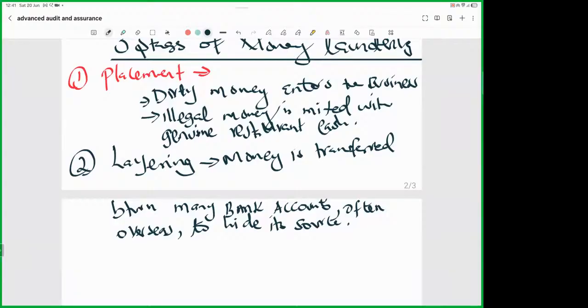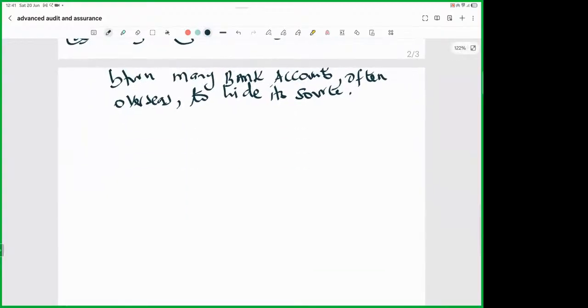All right. And now, after you've been able to play around with this, now you go to the last thing. We call this one integration. So once you've been able to have the illegal money placed safely in the college, in the restaurant, you've been able to hide this through making many bank transfers, what we call layering.